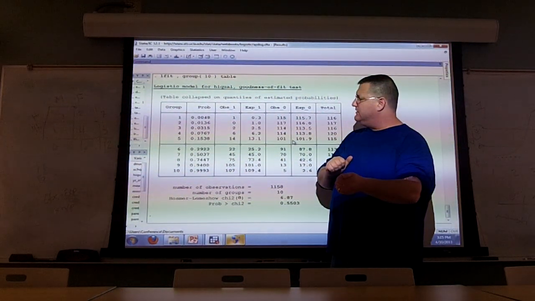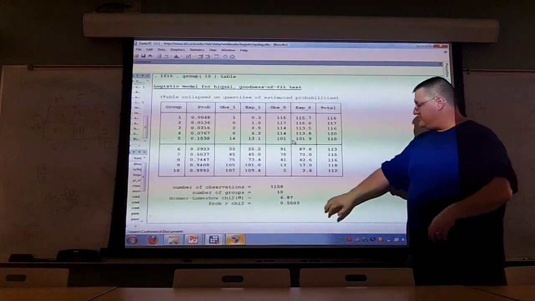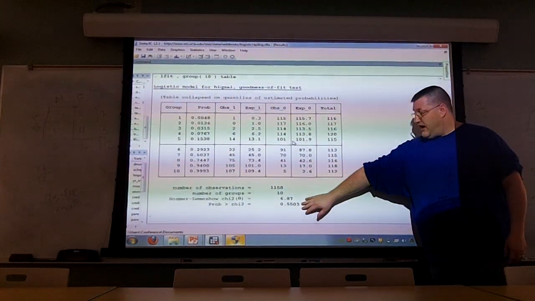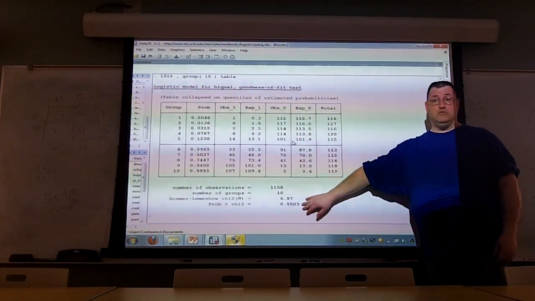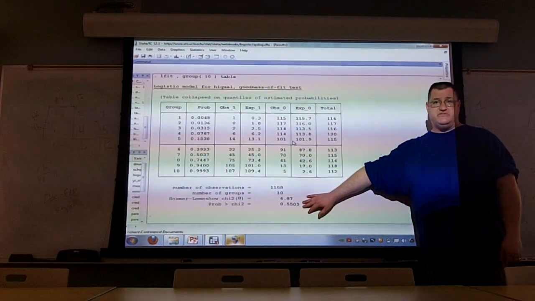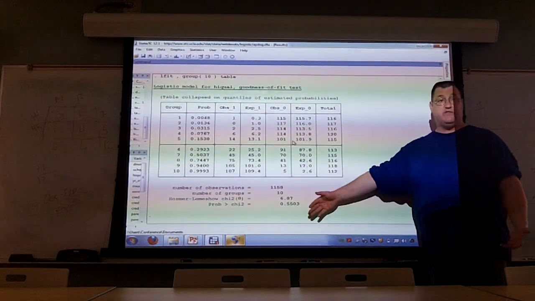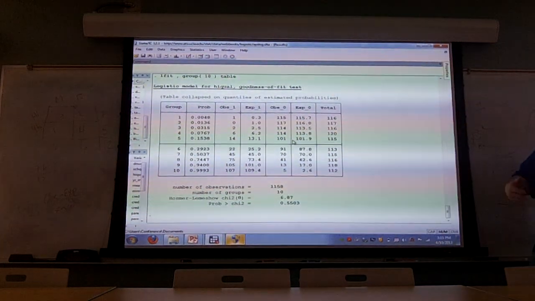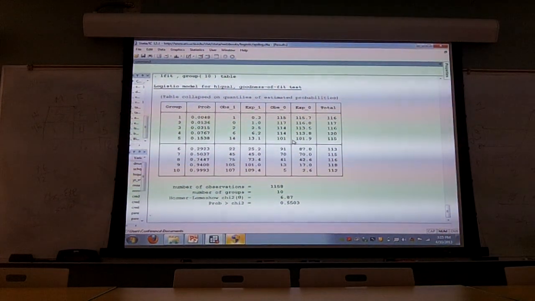Okay, whatever. So we got that, right? So here we want a big p-value. Anything above the magical 0.05 we would say is a good thing. We cannot reject the hypothesis that this is a good fitting model.